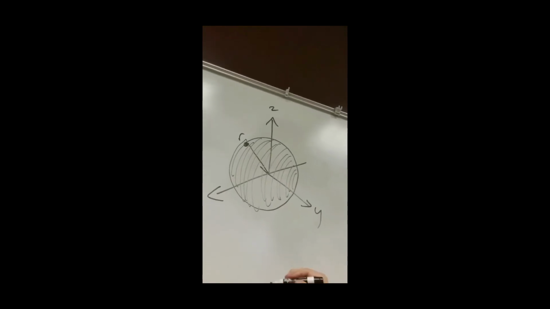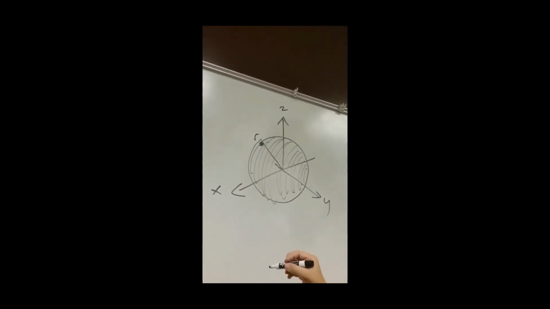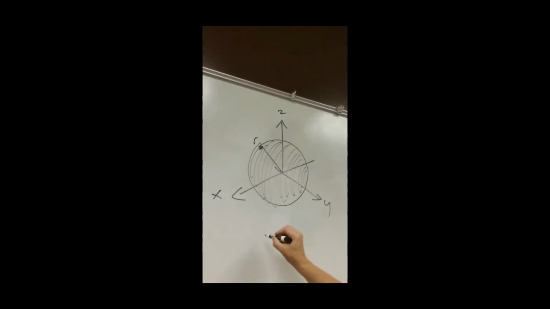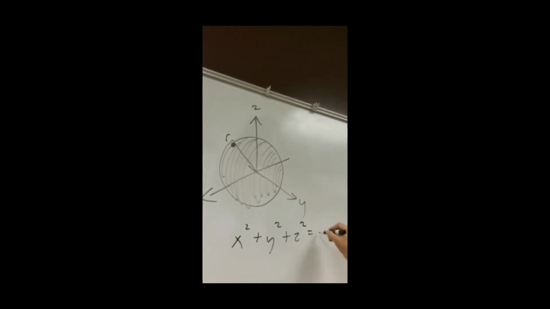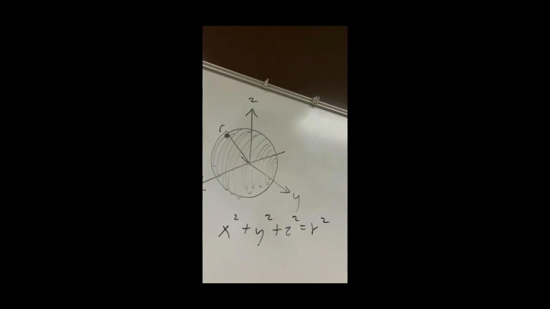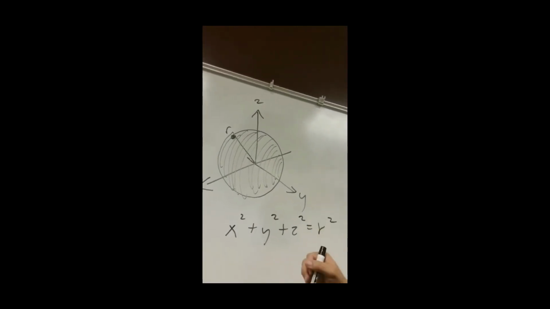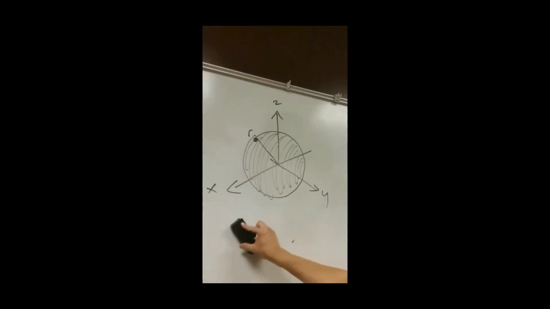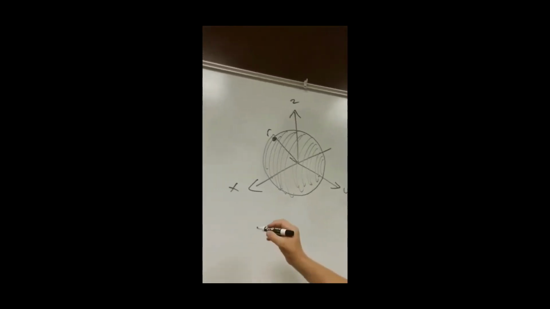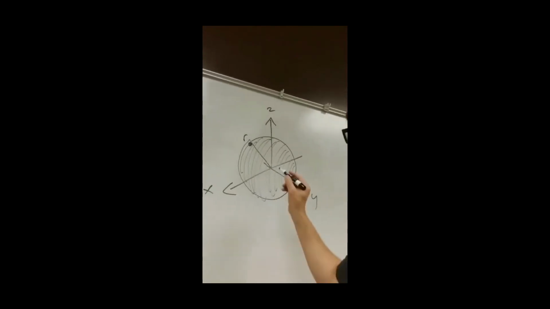And the formula for a sphere is actually quite logical, given the formula of a circle. So if the center of the sphere is at the origin, then that's going to be the formula.